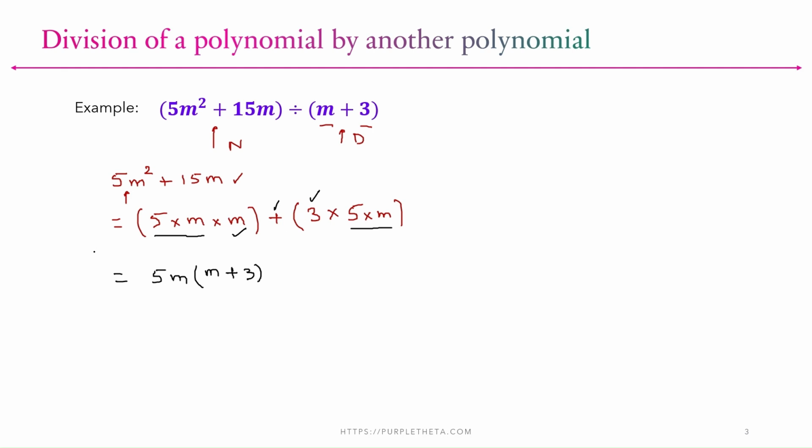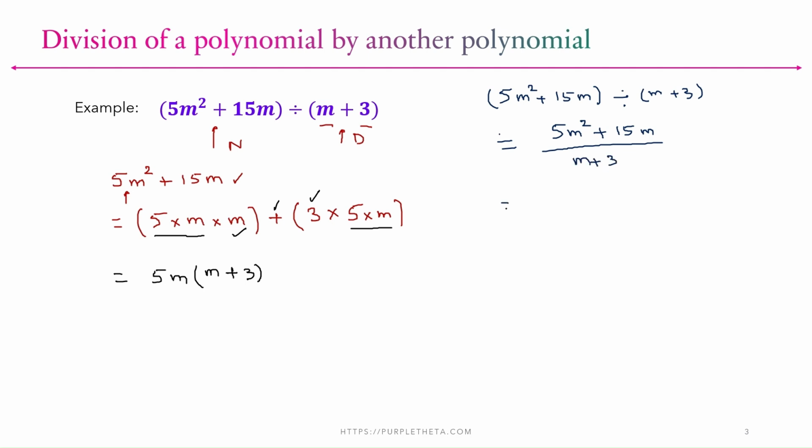Okay. Now let us rewrite the division in fraction or numerator and denominator form. So 5m square plus 15m divided by m plus 3. I will write this division in fraction form. This is equal to, at the numerator's place we have 5m square plus 15m, and at the denominator's place we have m plus 3, right?